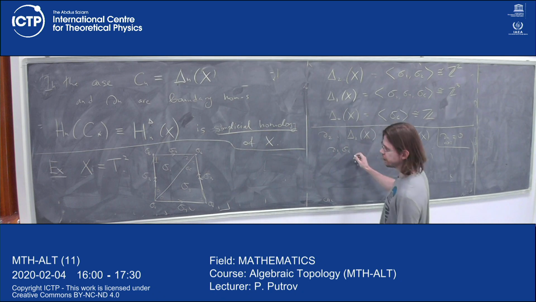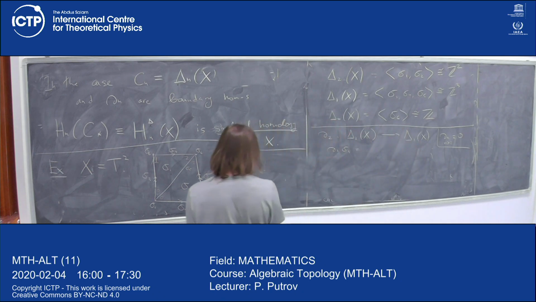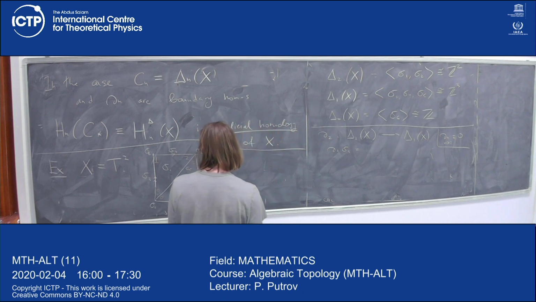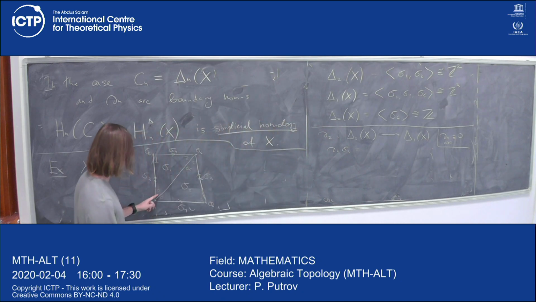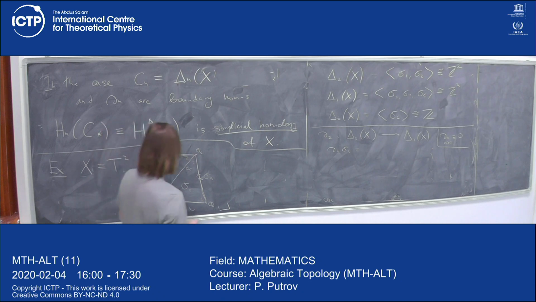Okay, so if I take sigma 1, what I need to do is start removing vertices. So we're starting with vertex 0. If I remove 0, I get this space, and the restriction of this space is sigma 4.